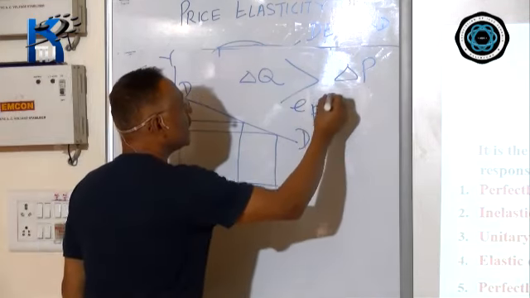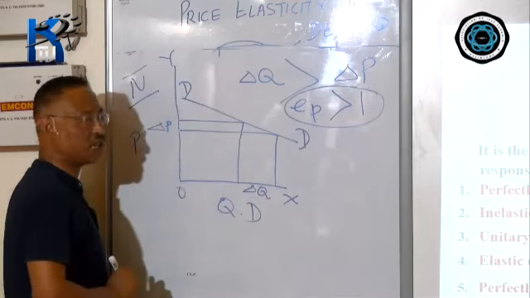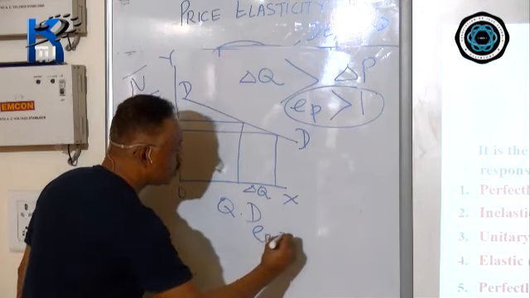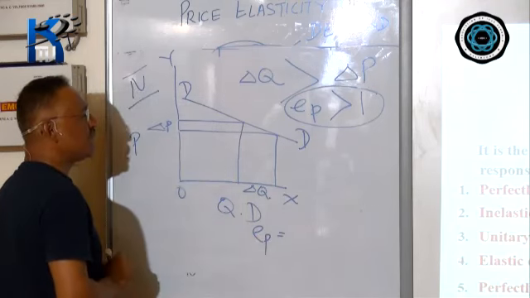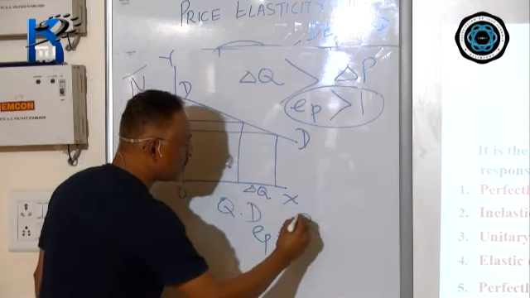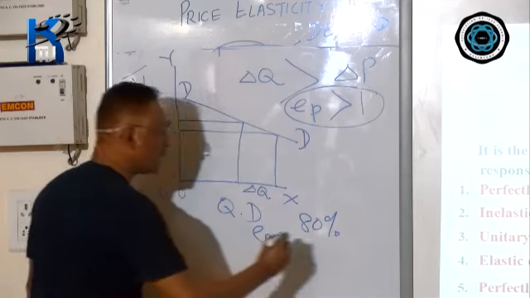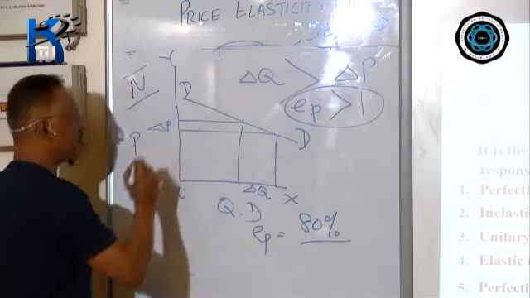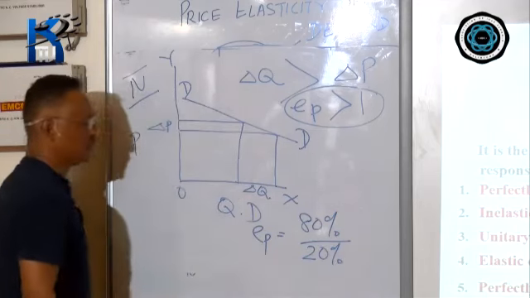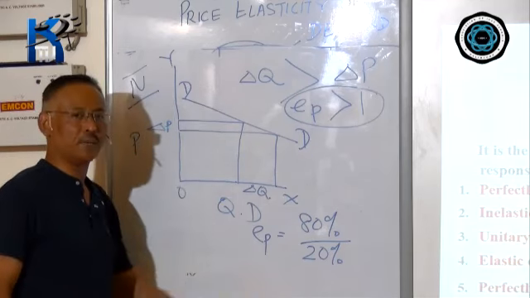EP is greater than 1. How does this come? Again the formula, EP is equal to percentage change in the quantity demanded upon percentage change in the price. Let us say this is 80%. Quantity demanded changes 80% and change in the price is say 20%. If you want an example, let us say the price of LED TV falls by 20%.